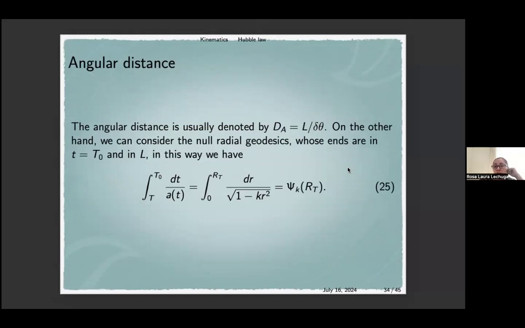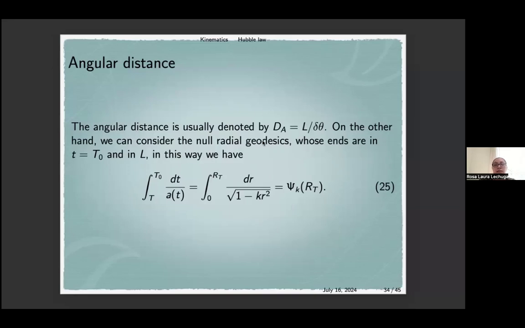But in this case, we're going to think that the ends are at t today, and you have the emission at t_e, and in this way you have a similar equation to the one we have for the redshift. As you can remember, you have the line element, ds squared equal to minus dt squared plus a squared times the radial part, and because we consider a null radial geodesic, it is equal to 0, and you get this expression.